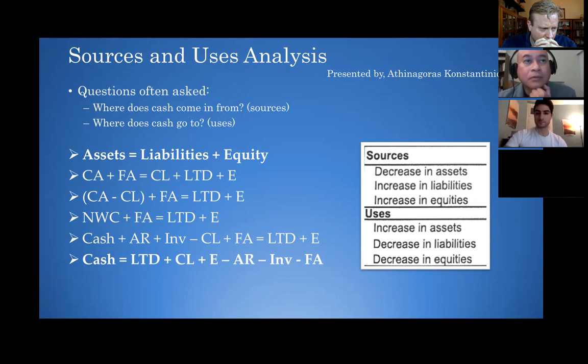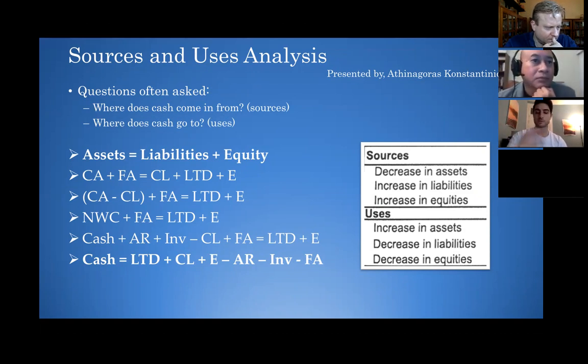Just to show you that this holds true in accounting terms, we have here the basic equation: assets equals liabilities plus equity. Then assets can be split into current assets and fixed assets, and then current liabilities, long-term debt plus equity.